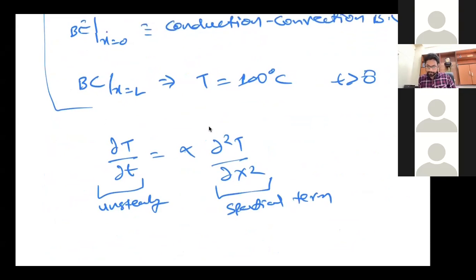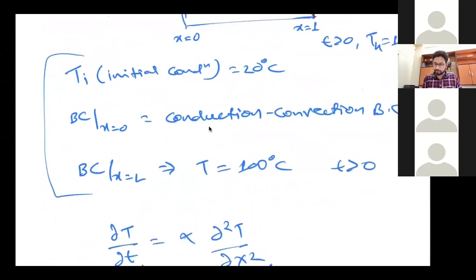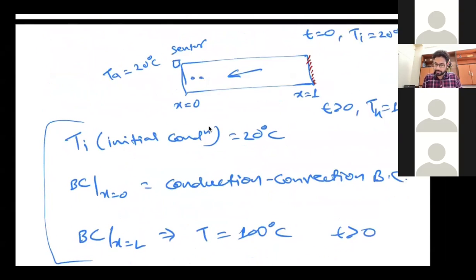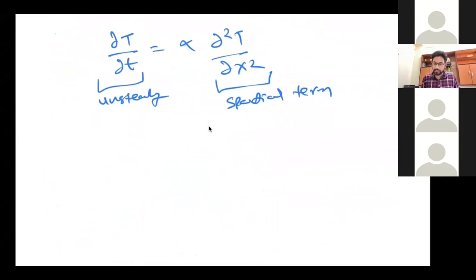Now we have to model it and calculate the temperature at each location, at all locations and also at all times, which are changing. That is why we need to discretize, or use some numerical methods.